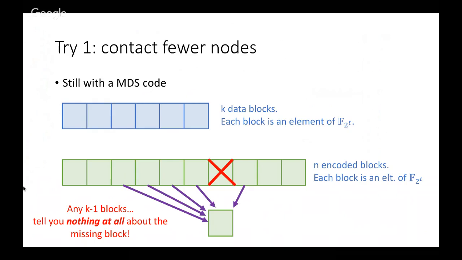Any k blocks are enough to completely recover the whole file. So here I have k-1 blocks that I'm downloading, and the missing one is like the kth block. The MDS property says that this kth block could be whatever it wants, and there's some legit file that corresponds to these k blocks that I've viewed. So that means that I really can't learn anything about this missing block with only k-1. OK, so try 1 does not work.